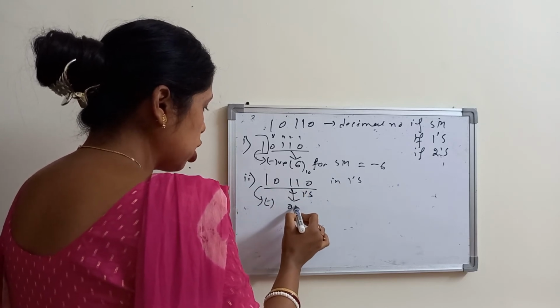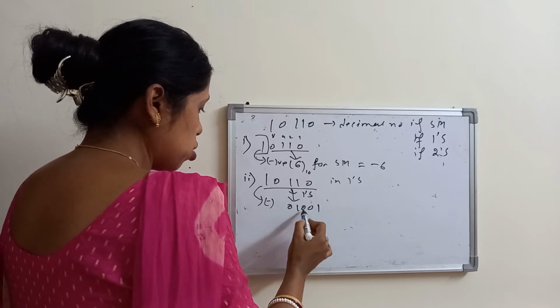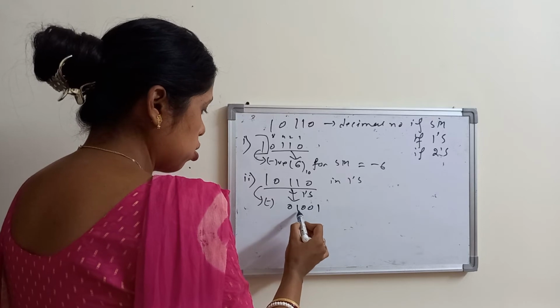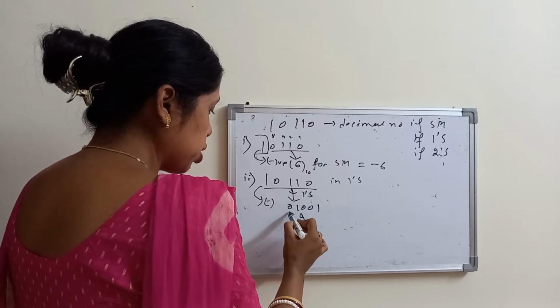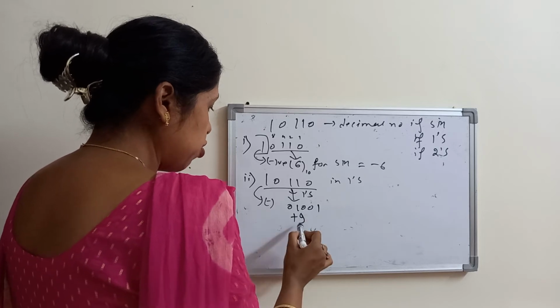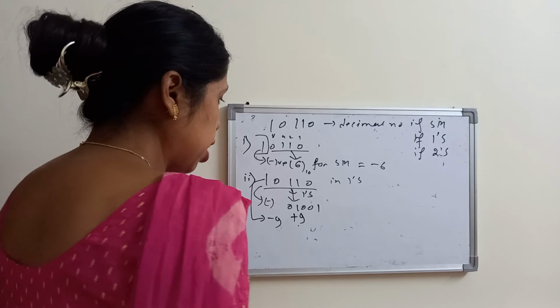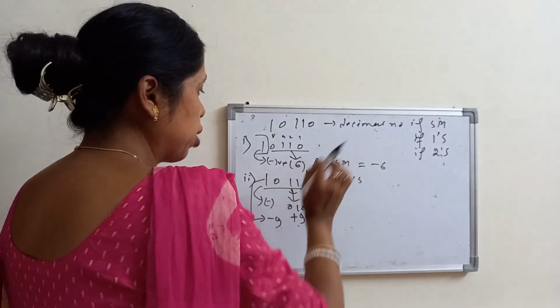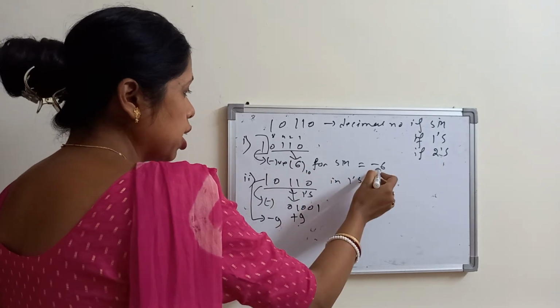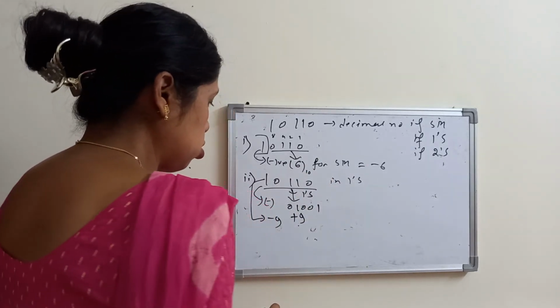First complement means 0, 1, 0, 0, 1. So this is 8, 4, 2, 1, which is plus 9. If it is plus 9, then it is minus 9. The same number in signed magnitude format gave minus 6, and here I am getting minus 9.